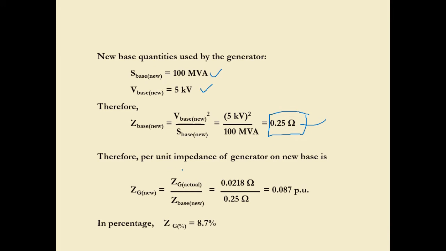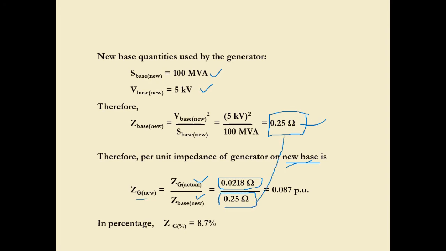Then the per unit impedance of the generator on the new base: Z G new equals Z G actual over Z base new, 0.0218 divided by the base, which is 0.25 ohm.